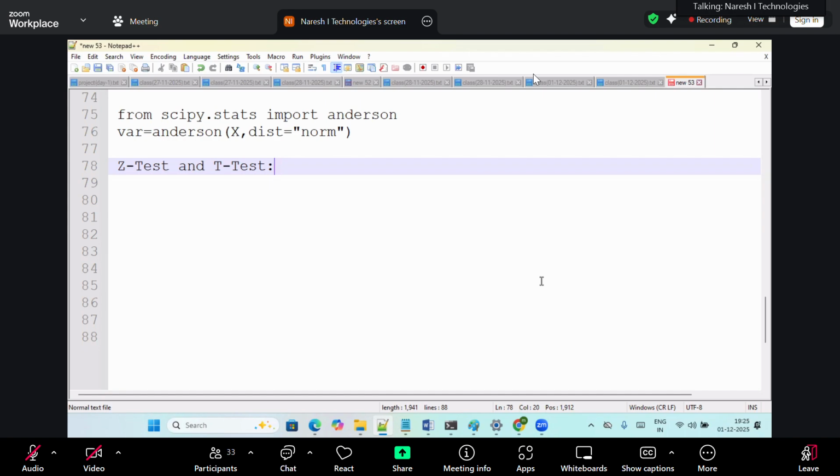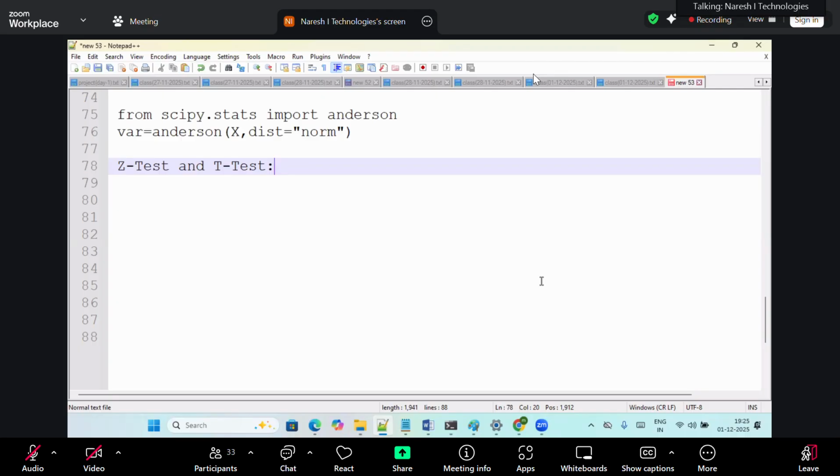Some tests are correlated, guys. For example, if I talk about the Z test, T test and permutation test, you will feel that all three are doing the same things and we are using them for the same purpose, right? But there is a slight difference in all these tests. Is the permutation test a parametric test or a non-parametric test, guys?